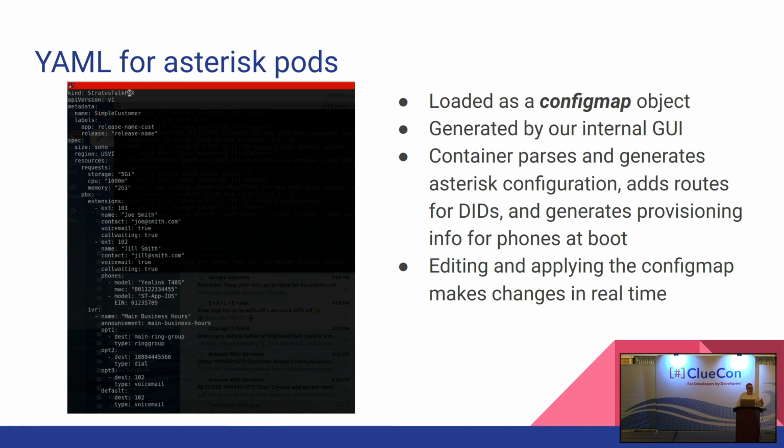So for every customer, I've got a YAML manifest that I can rebuild their PBX from at any time as well. In fact, the way this is set up, the change is stored in the etcd database, and I can pull it up with a command and edit it. And when I put it back in the database, if anything's changed, that change actually happens in the cluster. So that's actually very powerful as well.